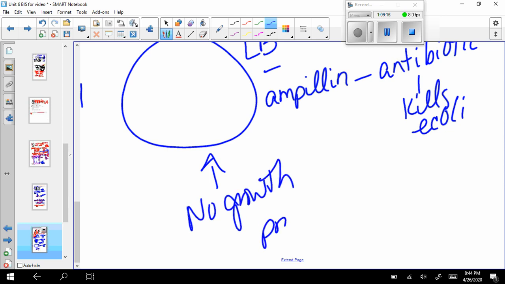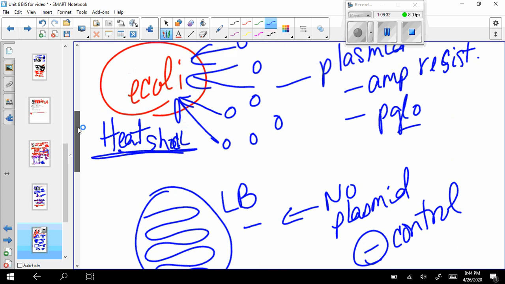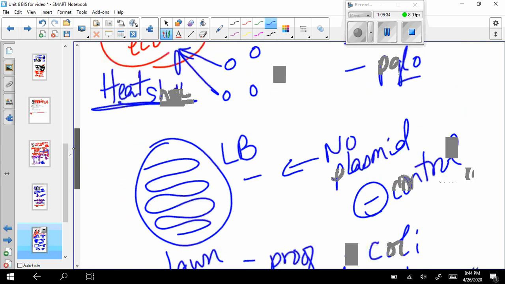And so the proof of this is that ampicillin works. Ampicillin kills E. coli. And we know that it kills E. coli because we ran this test to prove it. No growth means ampicillin worked, because the only difference between these two is the presence of ampicillin.